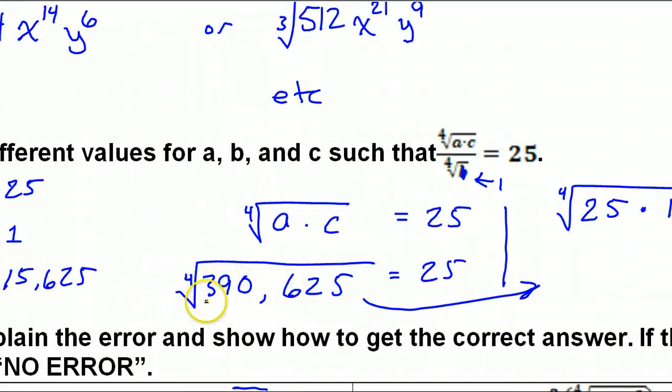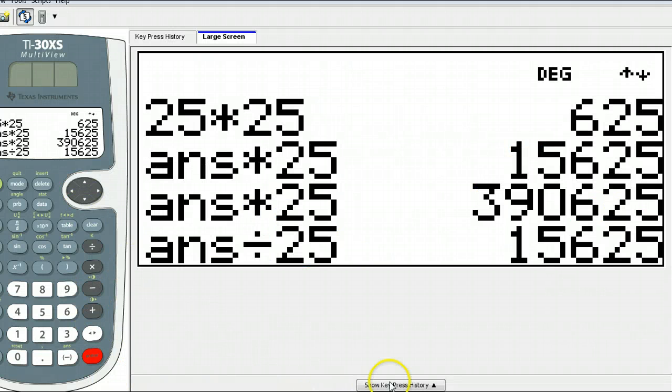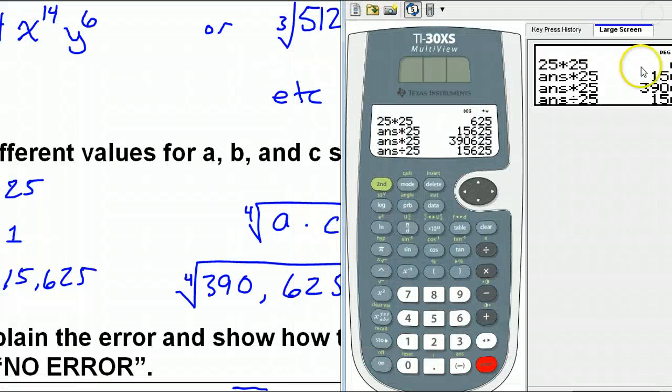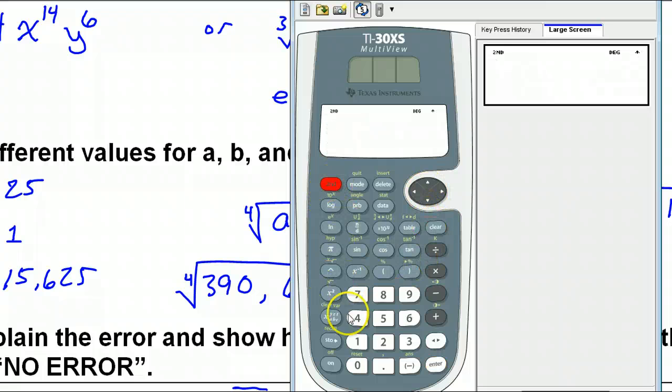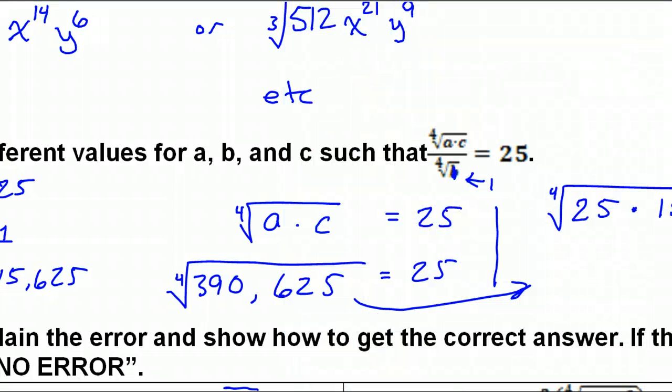Of course, the fourth root of 390,625, looking at it on the calculator here, obviously you didn't have access to this calculator, but I'm just proving to you that it works, would give us 25, just like we knew.